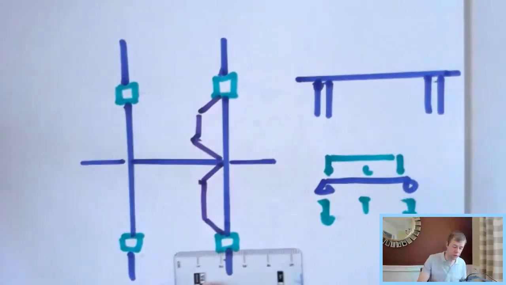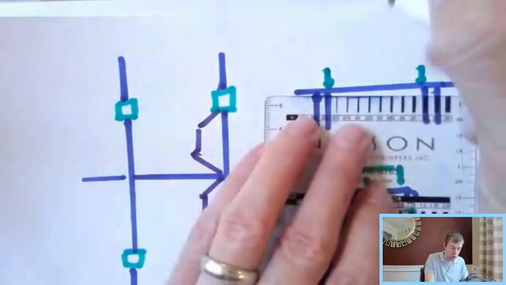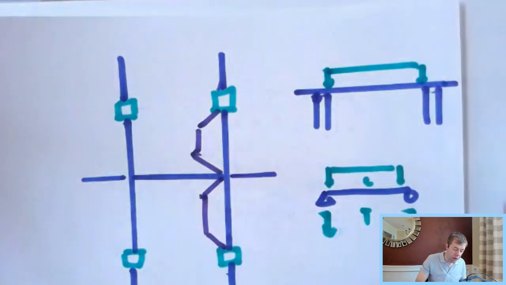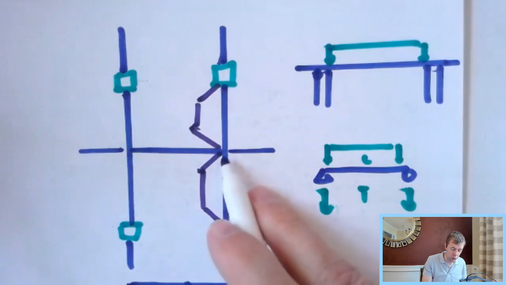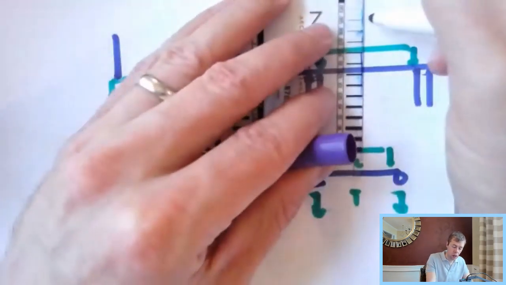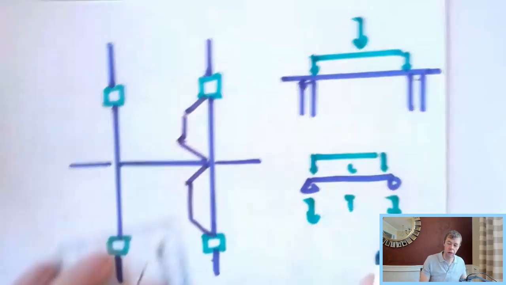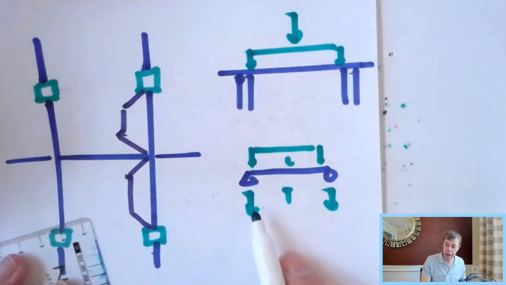So we could turn these into some kind of distributed load on top. And then in this case, you would have a point load at the center. And that point load would be equal to the reaction from that beam.